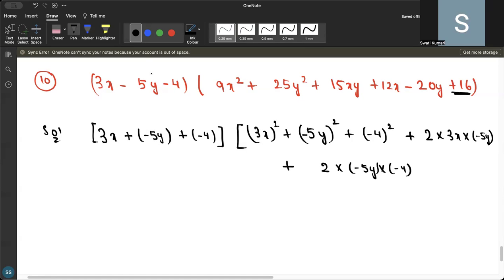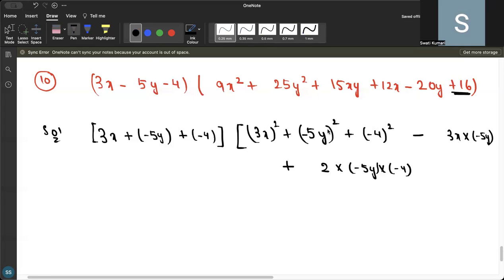Okay, I got it. So here actually we're not supposed to write down the twice of, because this is not going to be that formula. You will understand which formula we are going to use. This is a different formula. So this is going to be, of course, 3x times minus into minus 5y. Okay, I'm going to put here as well a negative sign. You will understand everything. Why am I changing all these signs?